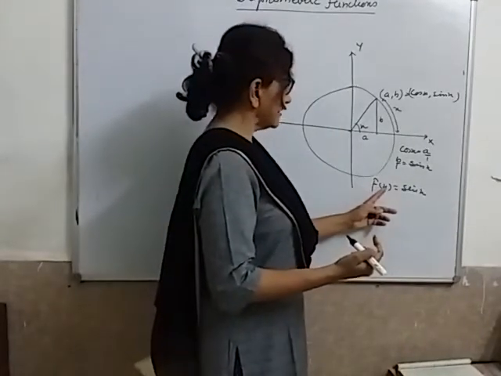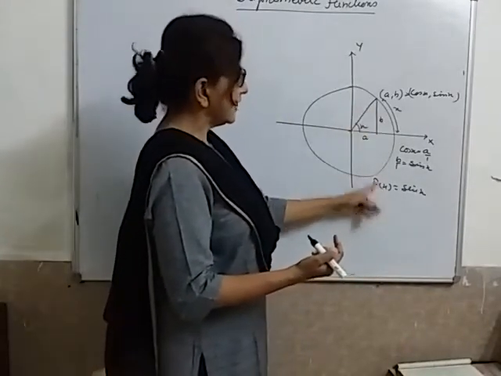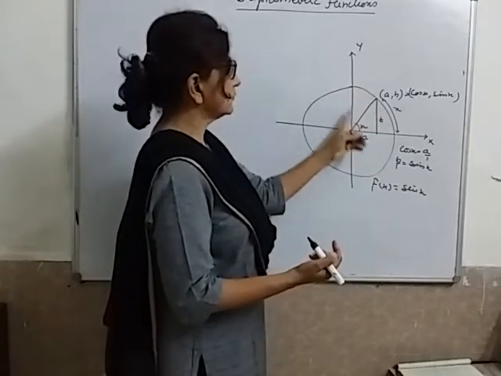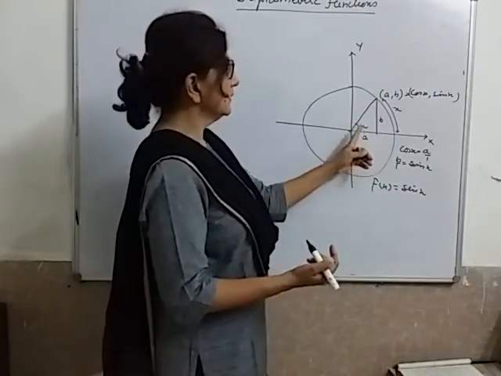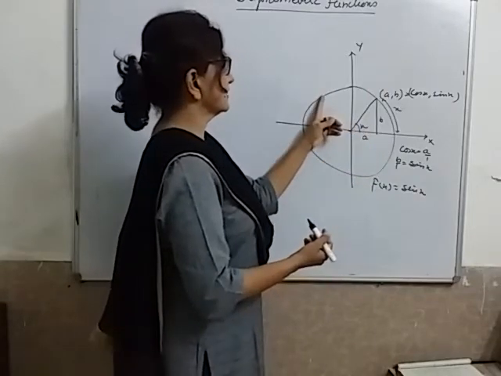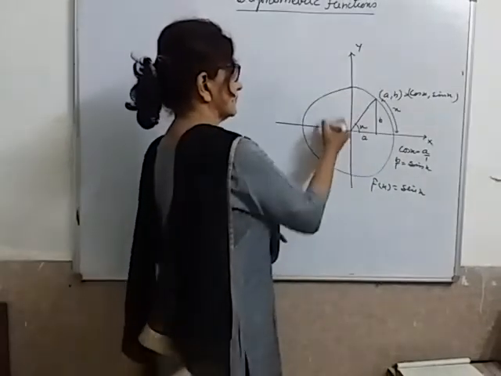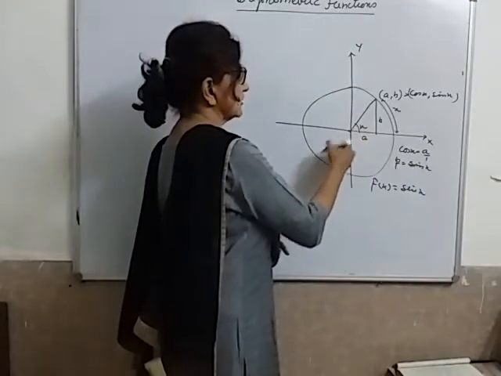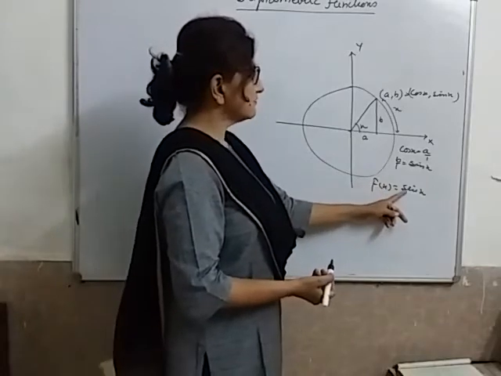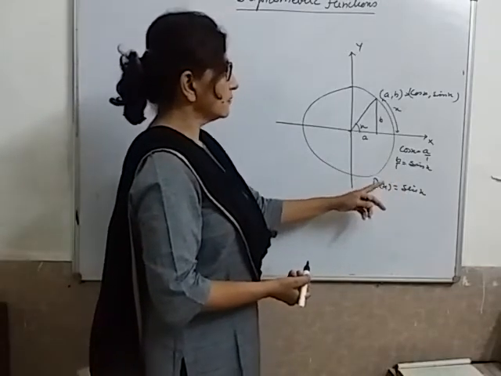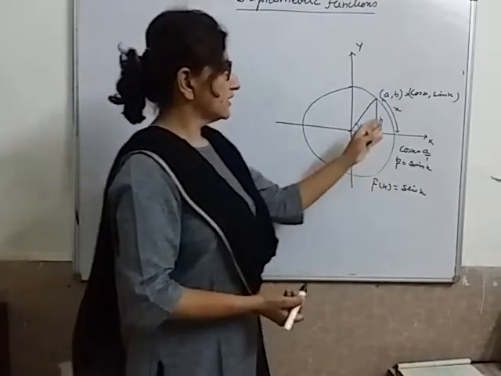So as my x will change, for every x I will have a different value because I can form a different triangle for this x angle. If it is here, there will be a different triangle, it will be something like this. If I change it here, it will be a different triangle. So for every x there will be a different value of f(x), okay? So that's why we call it a function.